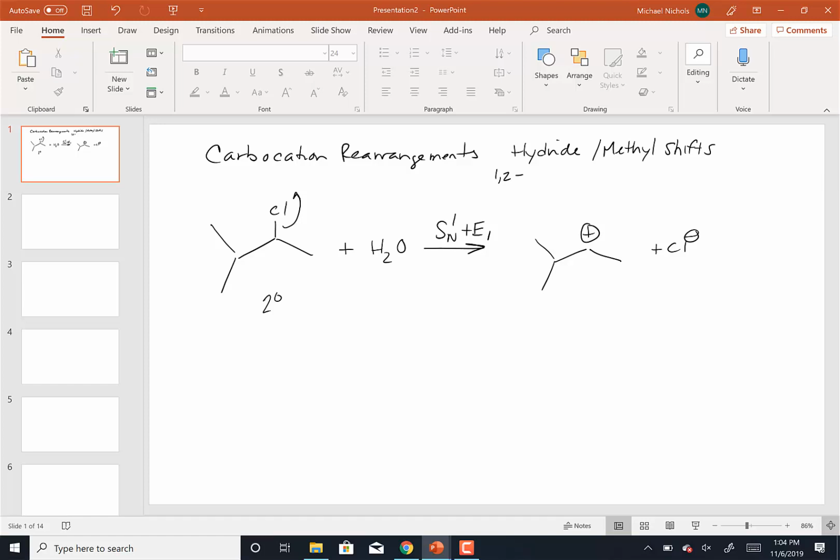And here's what happens with a rearrangement. Basically my carbocation is an alpha carbon and we have 2 beta carbons. I can shift a hydrogen or a methyl group one position to form a more stable carbocation. That's going to be one of the rules: we only rearrange to get a more stable carbocation.